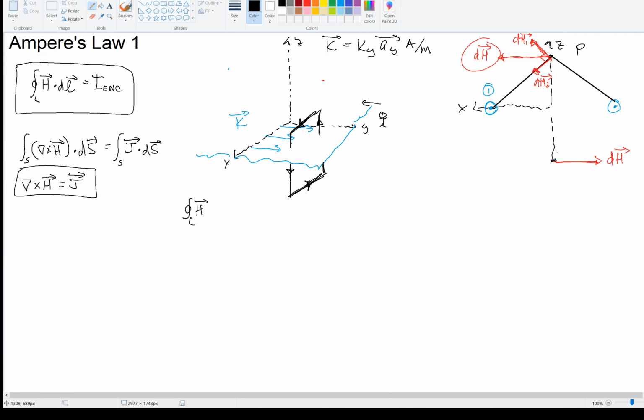So here's my Amperian path, and we'll call this segment 1 here, segment 2 here, segment 3 here, and segment 4 over here. And let's give this thing dimensions.